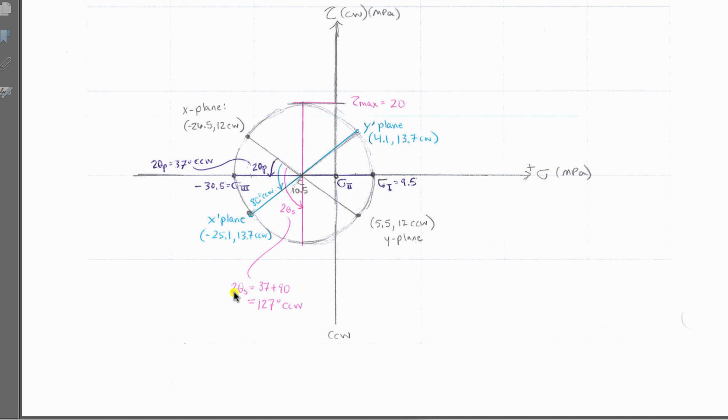So my pink angle, 2 theta s, is going to be that 37 degree rotation to the principal coordinate system plus another 90 degrees, which is going to be 127 counterclockwise. And yep, that looks like about 127. So my x-plane is going to rotate to normal stress of negative 10.5, and that's going to be on both planes. And it's going to rotate to a 20 megapascal counterclockwise shear stress.